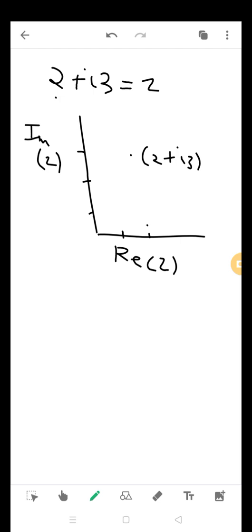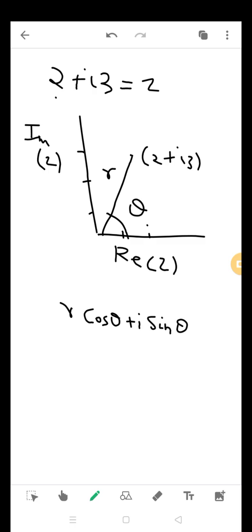Okay, now if we draw the radial line, and we have an angle theta, and the length of the line is r, then this point can be represented as r cos theta plus i r sin theta, and you know that e to the power i theta is equal to cos theta plus i sin theta.